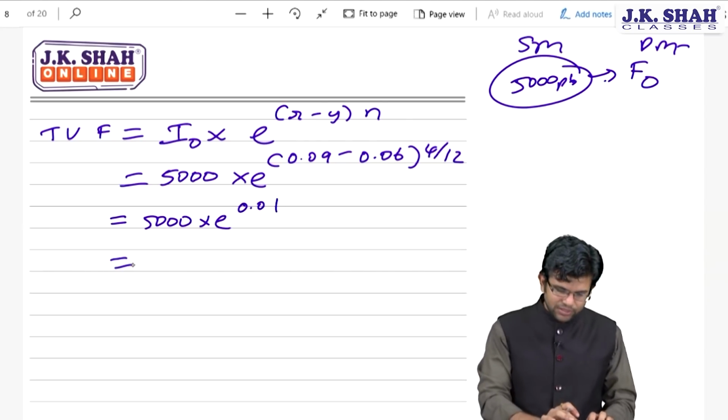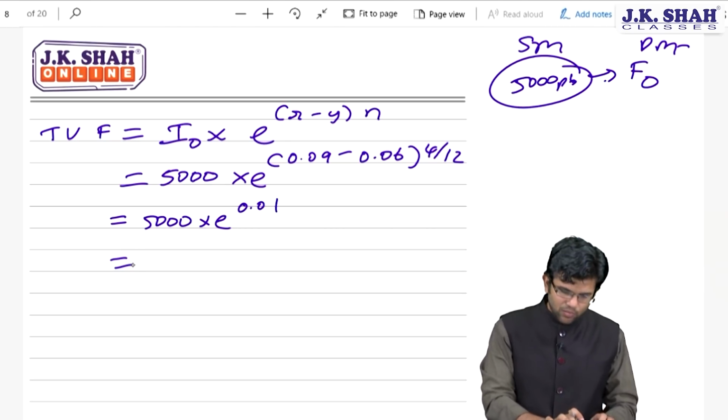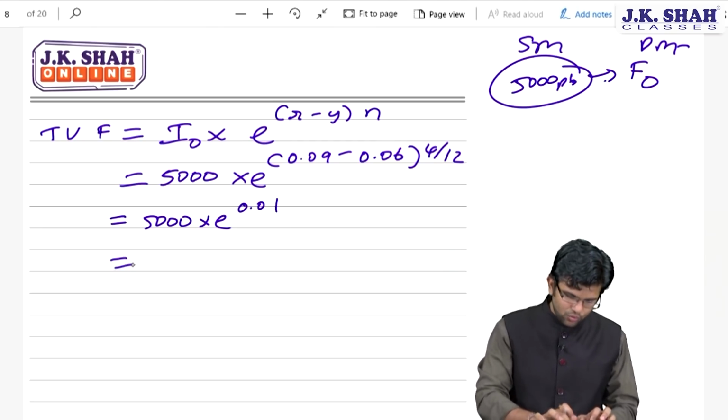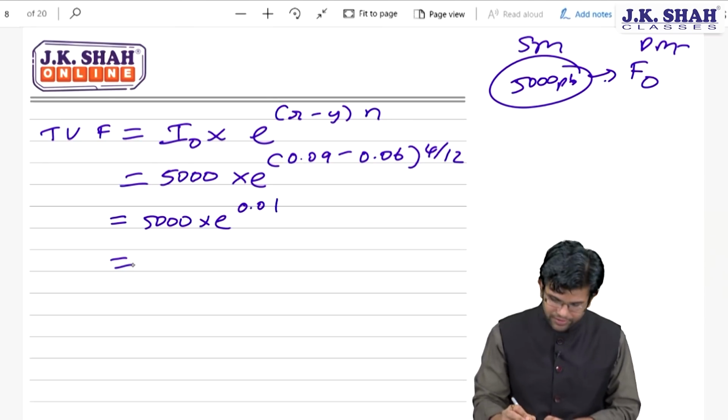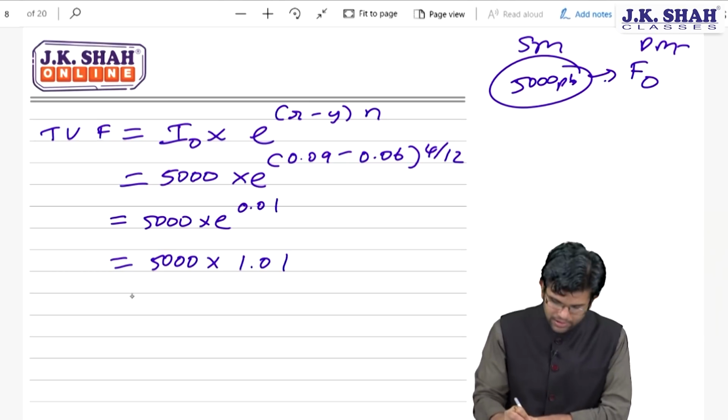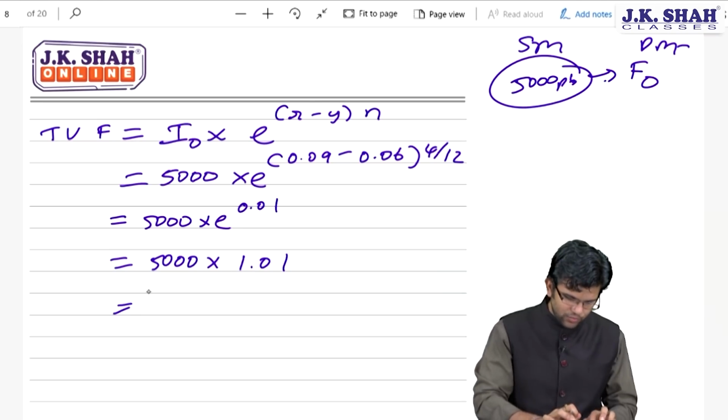So let me do the calculations now. 2.71828, press root 12 times: 1, 2, 3, 4, 5, 6, 7, 8, 9, 10, 11, 12, minus 1 into 0.01 plus 1, then press root 12 times again: 1, 2, 3, 4, 5, 6, 7, 8, 9, 10, 11, 12. That will give me 1.01. Everybody following? So it will be 5000 into 1.01.